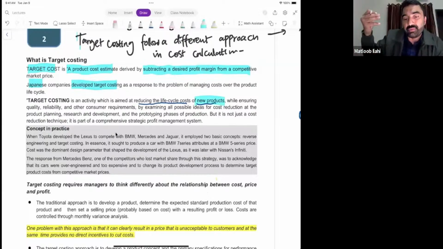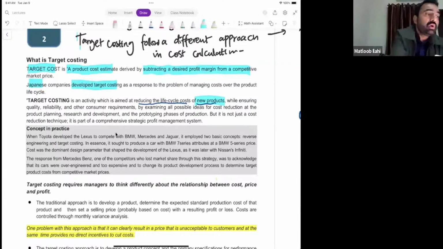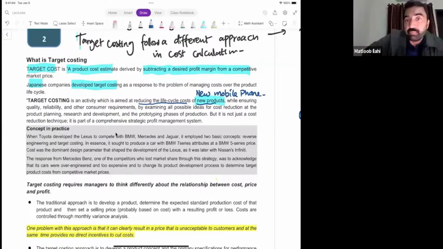For example, if a company is developing a new mobile phone, or a new refrigerator, or a new television, you can think of a new product, while ensuring quality, reliability, and other consumer requirements by examining all possible ideas for cost reduction at the product planning, research and development, and the prototyping phases of production.